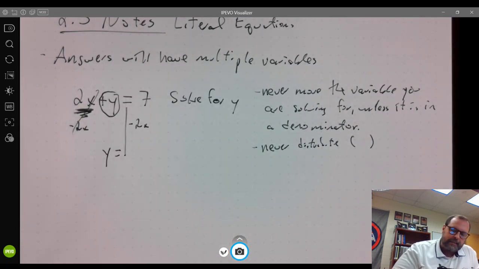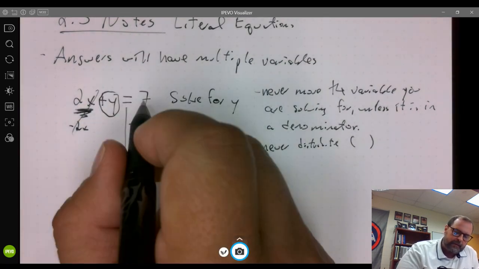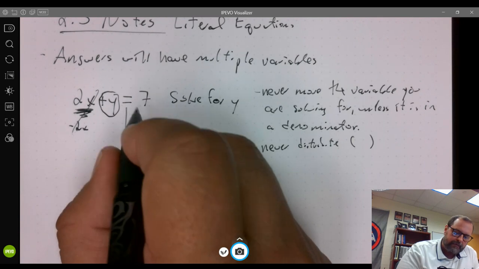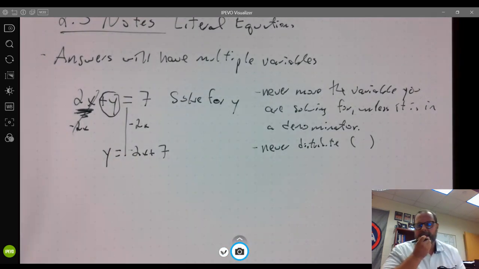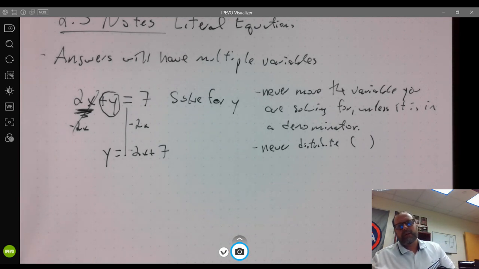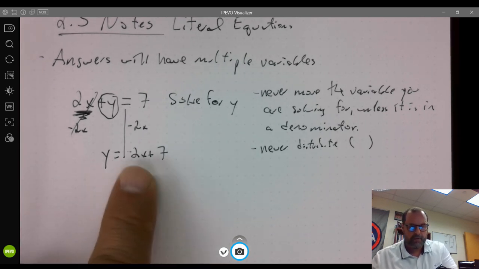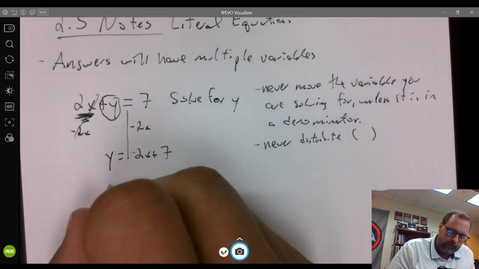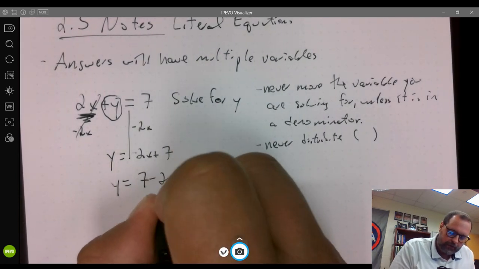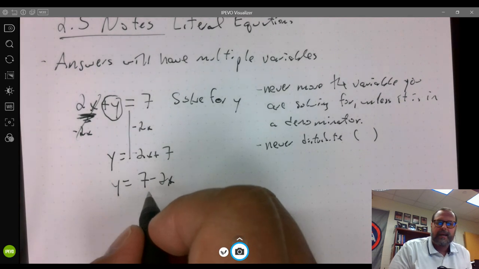On the right side, I'm left with 7 minus 2x, or negative 2x plus 7. I'm going to get us in the habit of writing it that way, because later on down the line comes slope-intercept form, y equals mx plus b. Maybe you remember some of it from last year, where m is our slope, b is our y-intercept. If you wrote y equals 7 minus 2x on a test right now, I'd take that too.